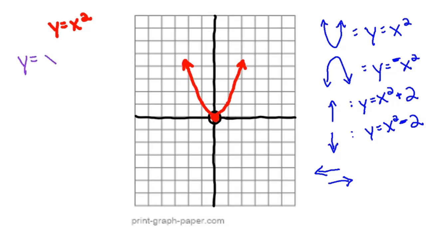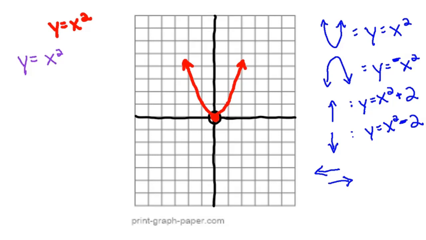I can't go y equals x squared plus 1, because when you have the plus 1 at the end, that makes it go up or down, remember? So I'm going to erase that. But I do want it to move over 1. I just want it to move over 1 to the side, to the left or the right, not up or down.